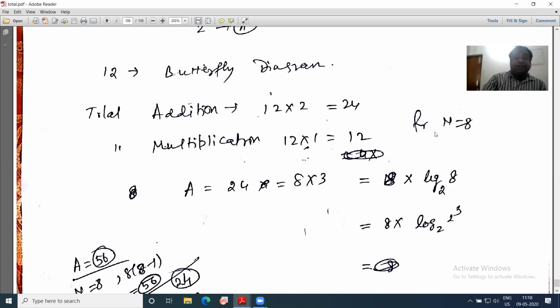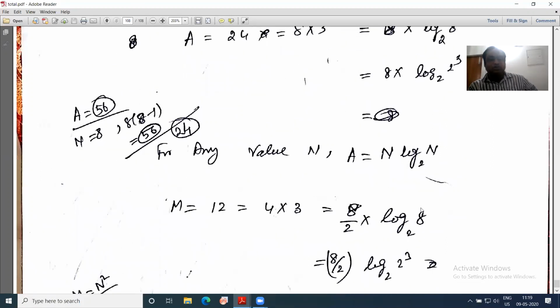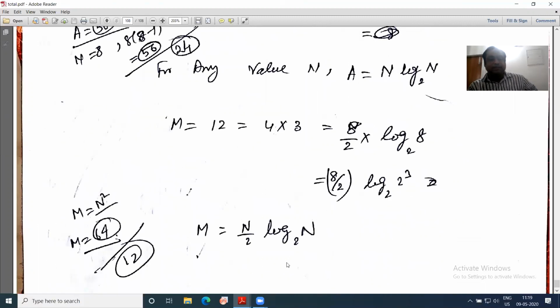So for n equal to 8, in general, the total number of additions is n log 2 base n, instead of n square. 24 corresponds to this. And multiplication you have got 12, which equals 8 by 2 into log 2 base 8. So the total number of multiplications is n by 2 log 2 base n.